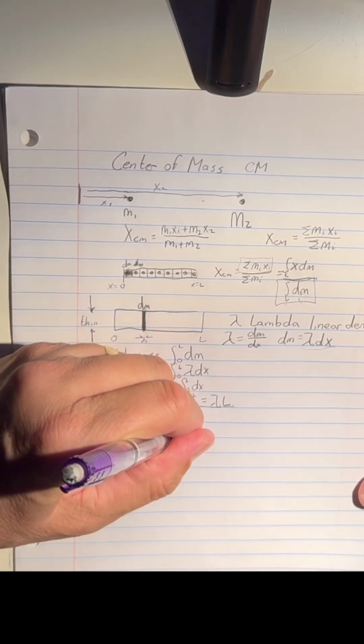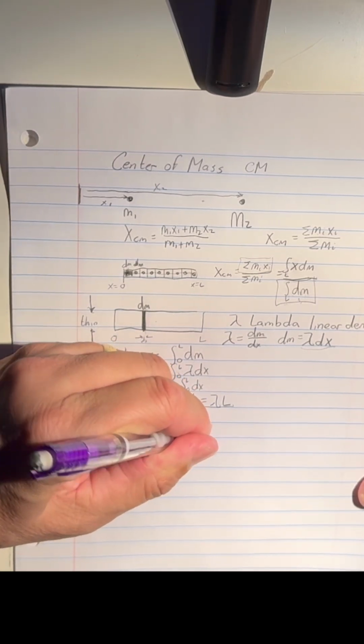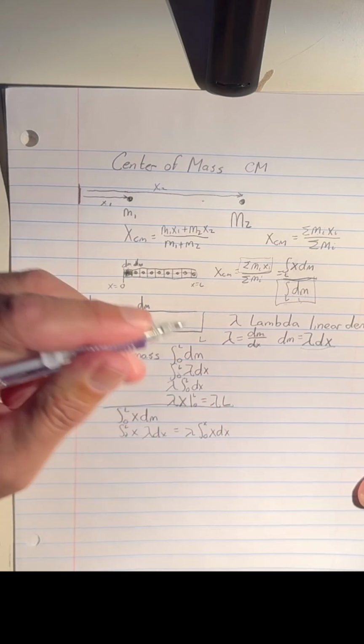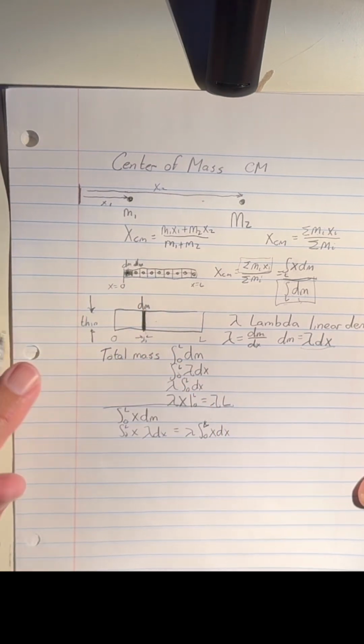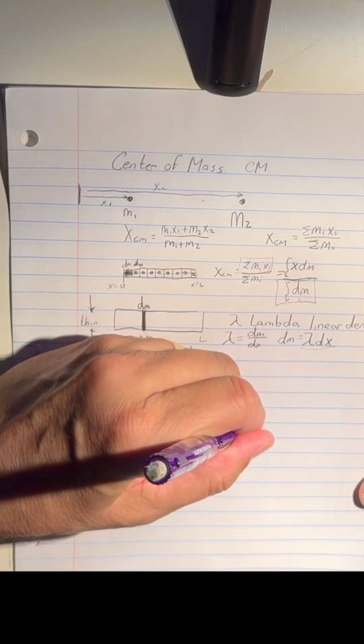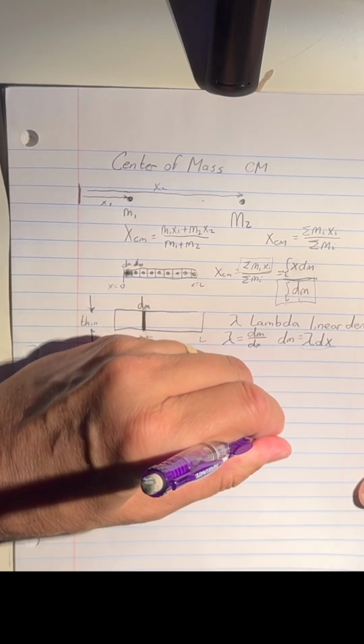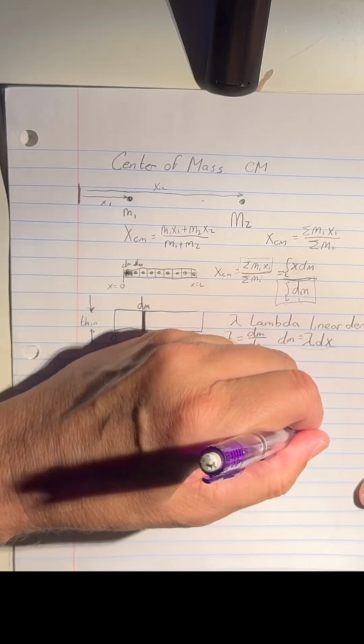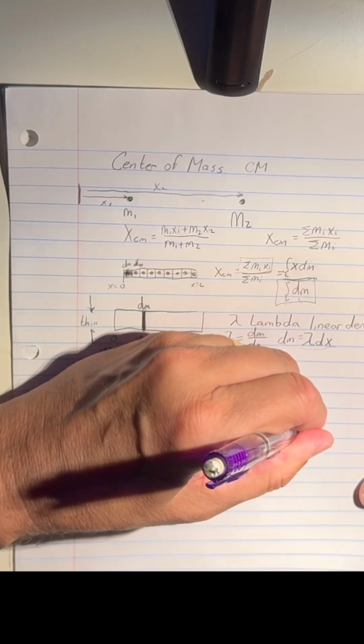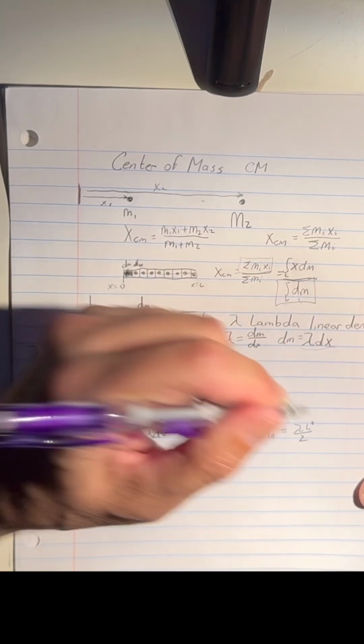The lambda is constant, so it's the integral from 0 to L of x dx. This ends up being lambda times x squared over 2, evaluated from 0 to L, and that ends up being lambda L squared over 2.